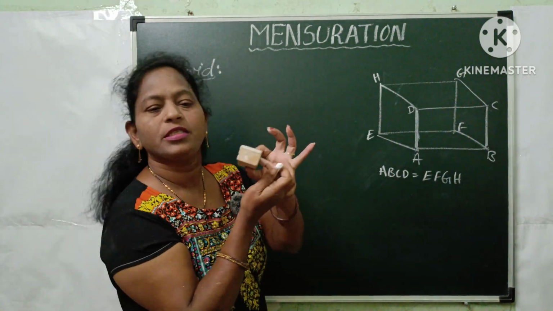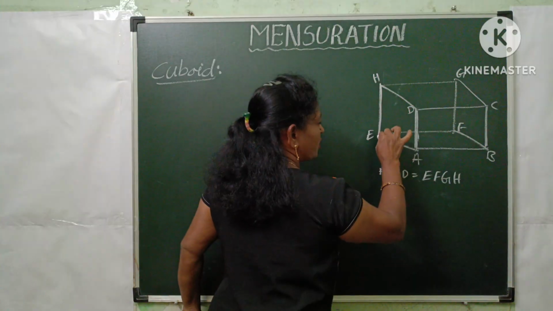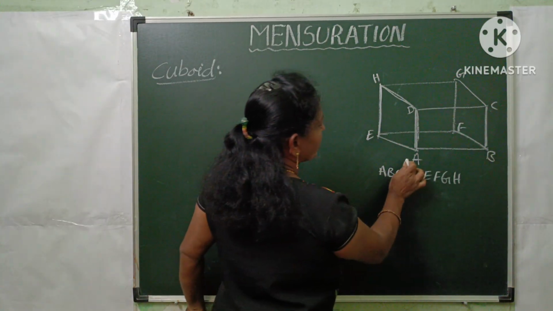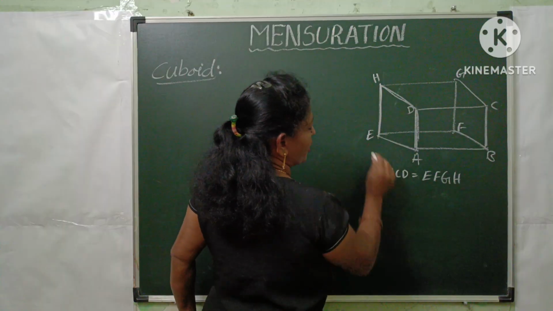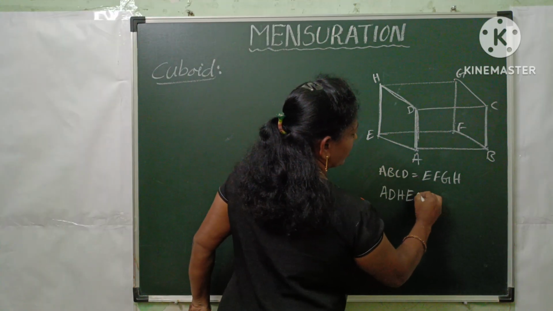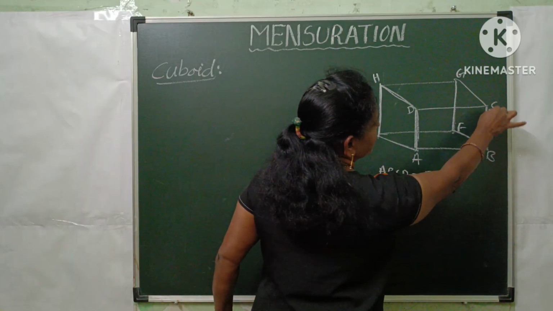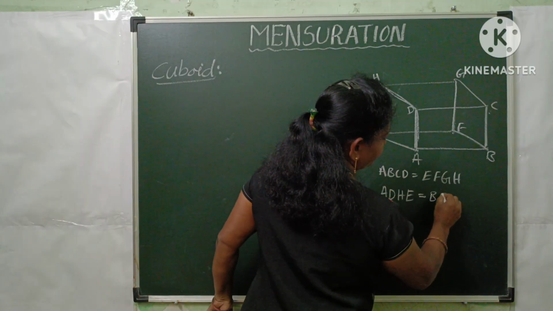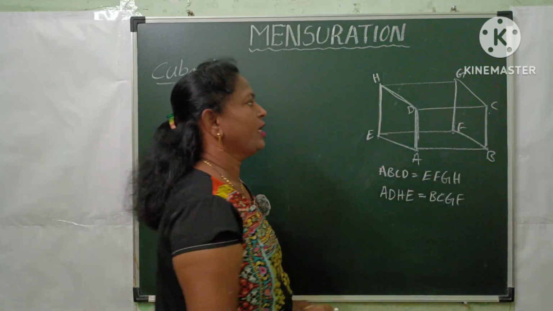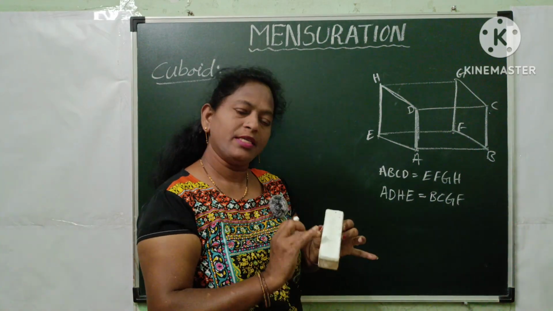Next, this is another pair of opposite walls. This one is A, D, H, E, and its opposite wall is B, C, G, F.